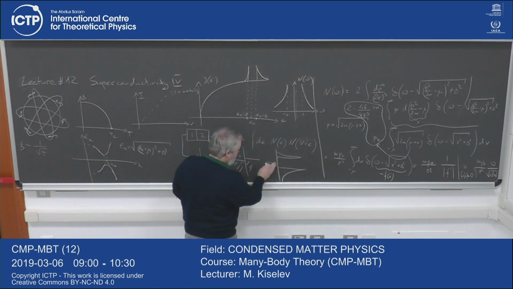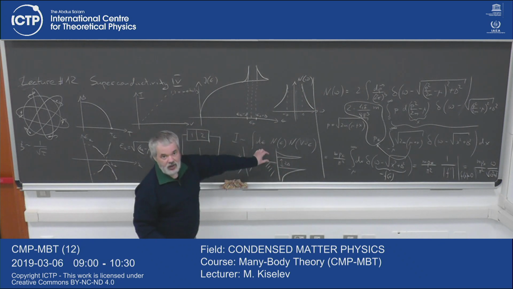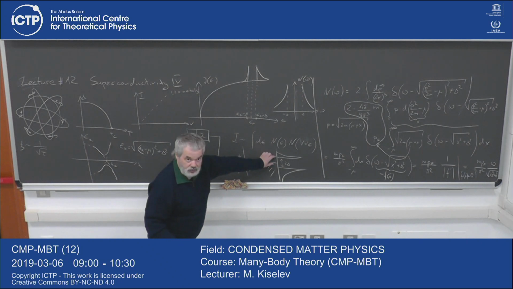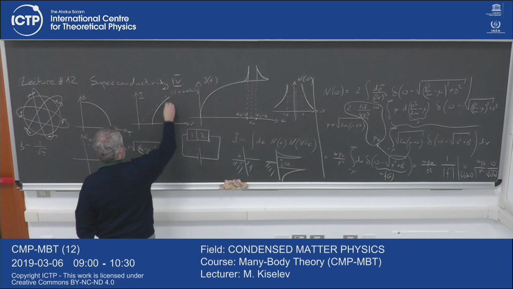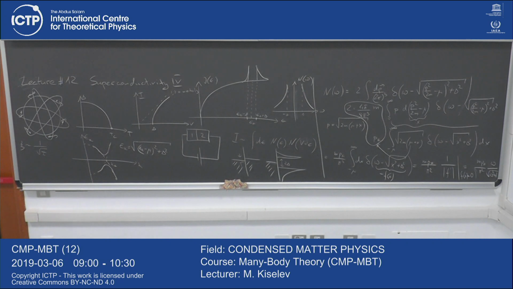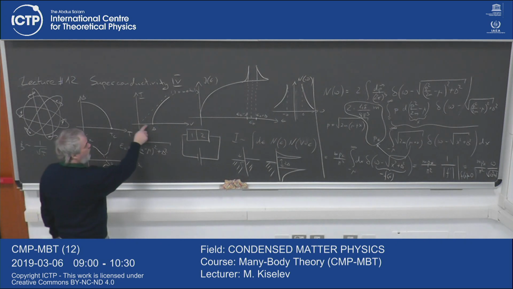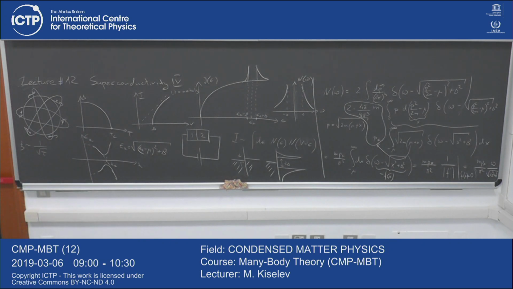Then we are in the gap. So this is a metal, this is a superconductor. This is 2 delta. So we need to apply a bias actually larger than the gap, and then the current flows. So the IV curve, or dependence of the current as a function of voltage, becomes highly nonlinear, and there is no current for voltage smaller than the gap. Okay?